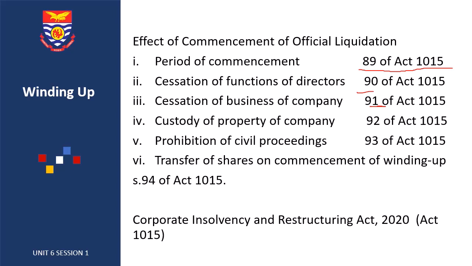It simply means that once winding up commences, the company will not carry on any business. The only business the company is allowed to carry on is business that will enhance or lead to the winding up process.